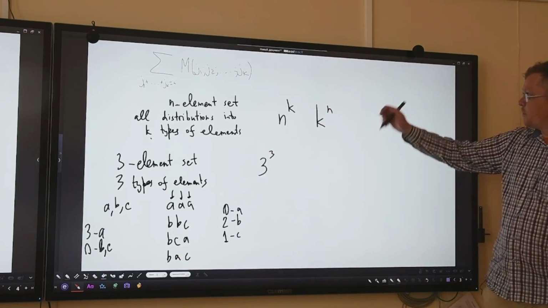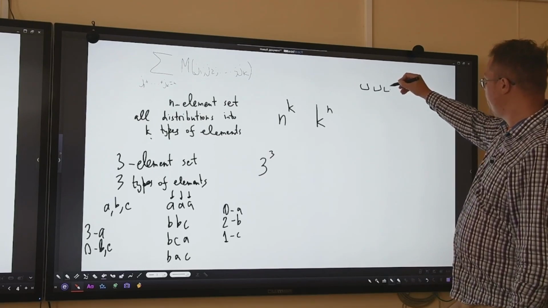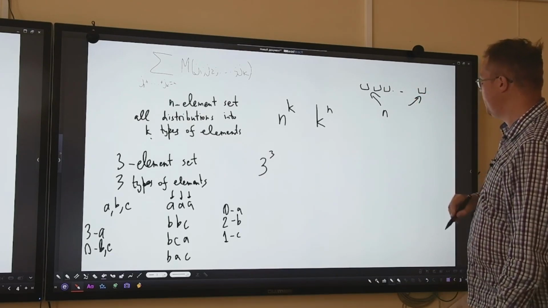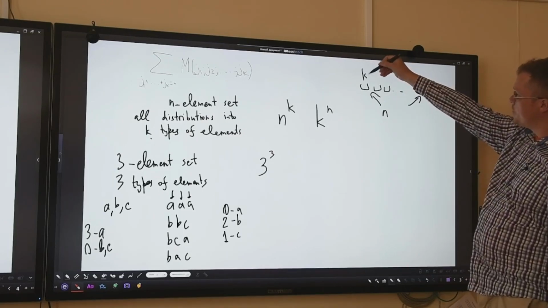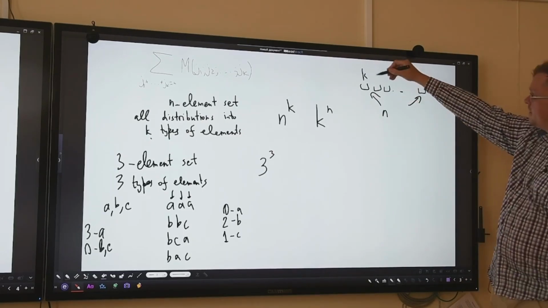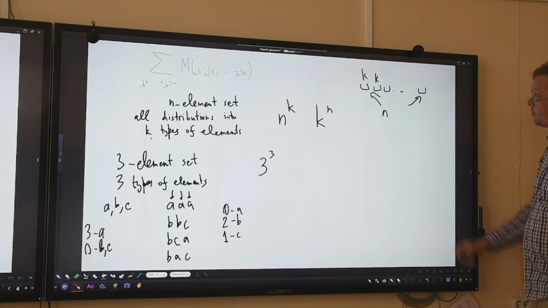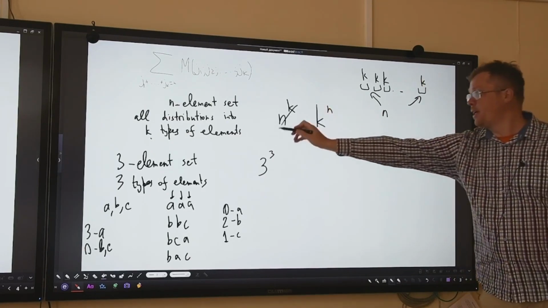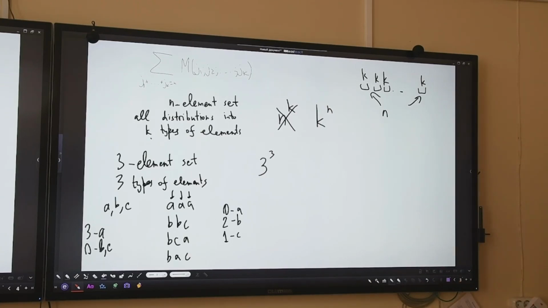Yeah, of course, because if I have n places, then the first place can be chosen as one of the k possible variations, the second place can be chosen as one of the k possible variations, and so on. So I need to multiply it, and after multiplication, I will have k to the power n.